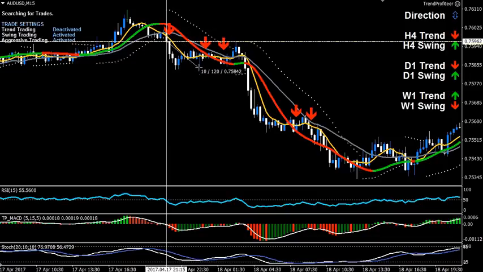We would have achieved our first target here, 10 pips, giving us a 1-to-1 reward to risk ratio. 20 pips here, giving us a 2-to-1 ratio. 30 pips here, 40 pips here, giving us a 4-to-1 ratio. 50 pips here, and all the way down to here, 60 pips, giving us a 6-to-1 reward to risk ratio. So we risked 10 pips, we gained as much as 60 pips.